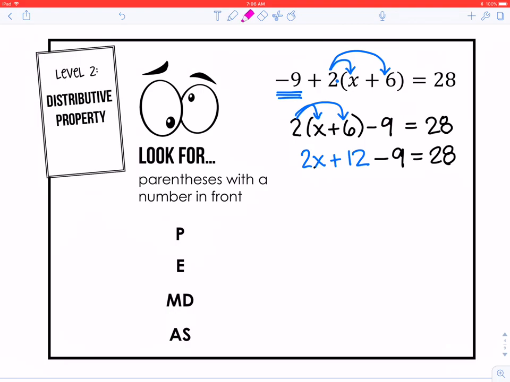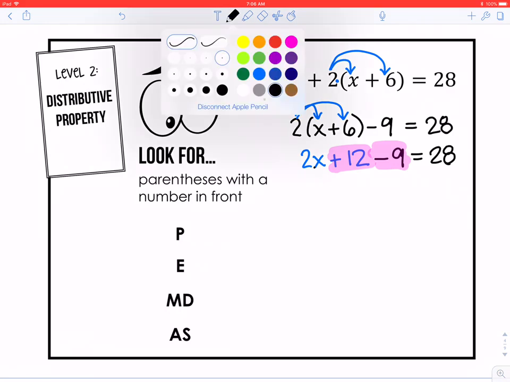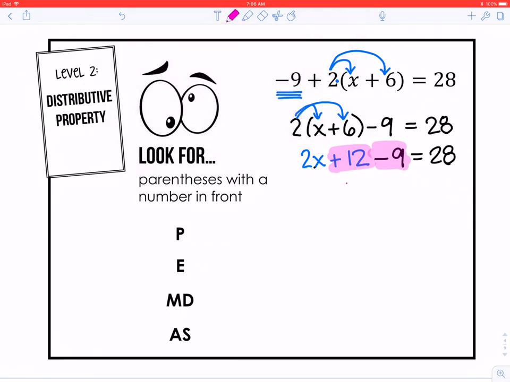But I do see that I have a constant of positive 12 and a constant of negative 9. Those I can combine together, and that would be a total of a positive 3. Remember, you've got to call the sign. Unless it comes right up front, like this positive 2x, I don't have to write a plus then. But for my 3, I definitely do.